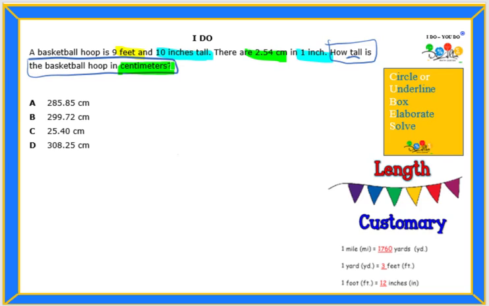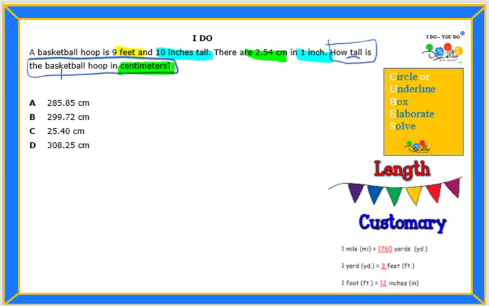Okay, so here we are given some measurements, and the basketball hoop is given in two different measurements. So we must make sure we combine that and work with one measurement. So I'm going to have to change those feet to inches.